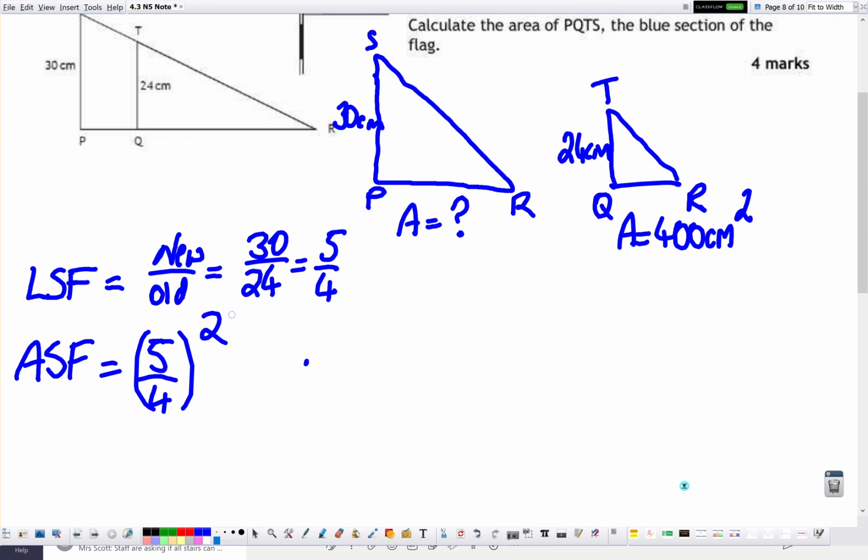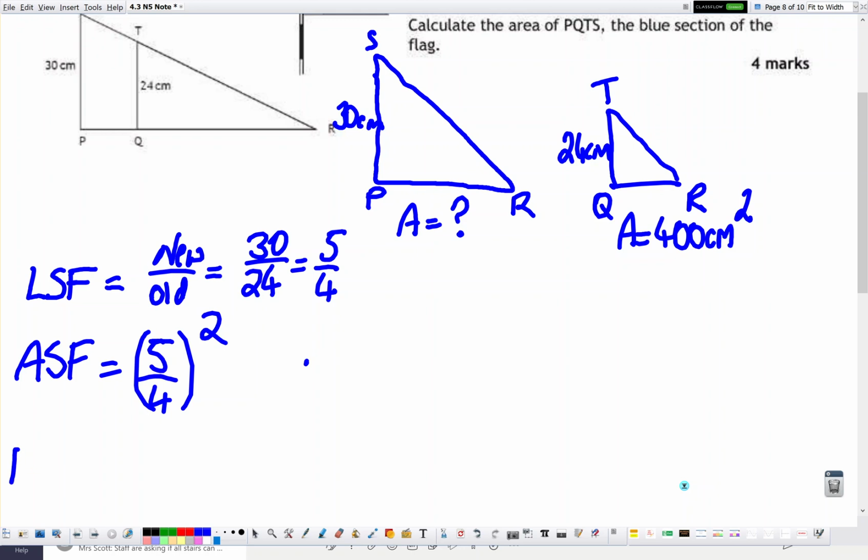If you are comfortable putting a fraction squared into your calculator, you don't need to do anything else at this stage. But if not, you can square the fraction: 5 squared over 4 squared, 25 over 16.